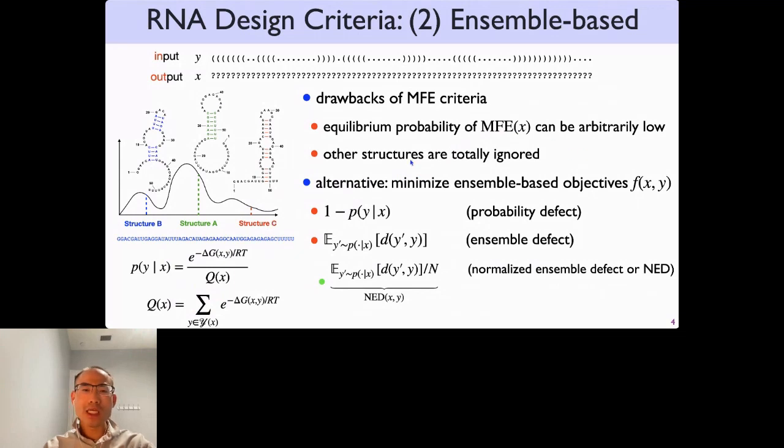Another issue is that under the MFE criterion, all the other structures are totally ignored. But intuitively speaking, we would prefer that all the structures are similar to the target structure. So alternative objectives have been proposed. They are called ensemble-based objectives, including probability defect and ensemble defect, or normalized ensemble defect, NED.